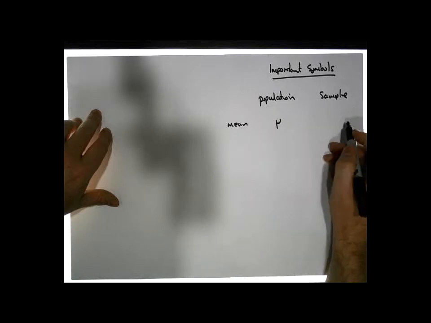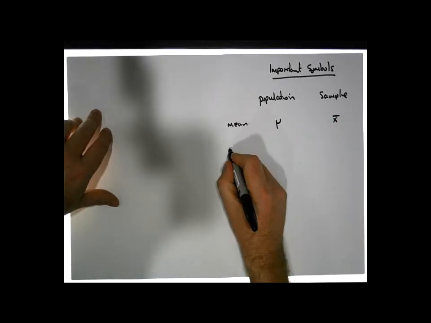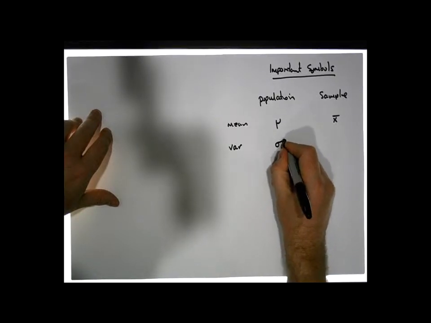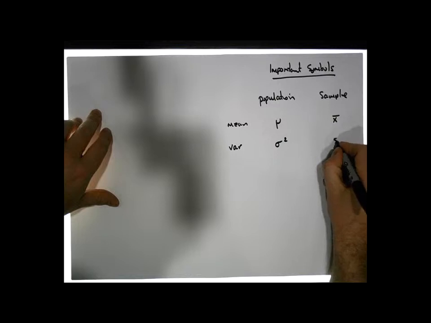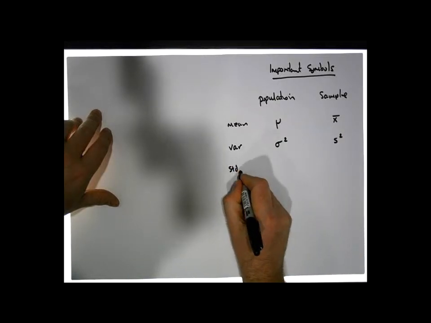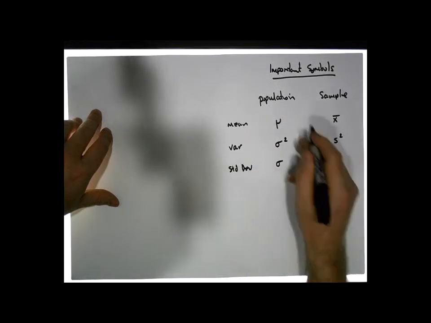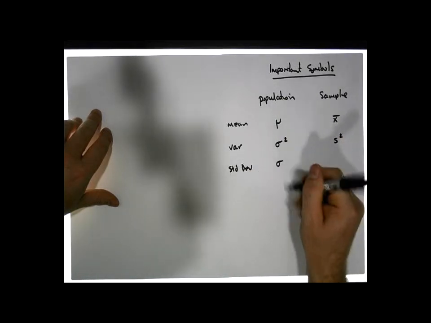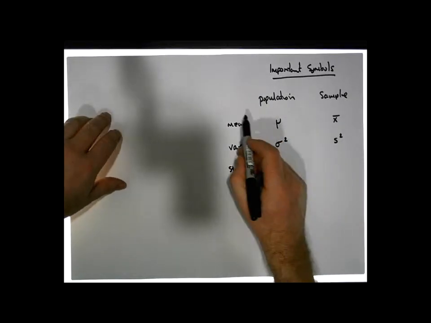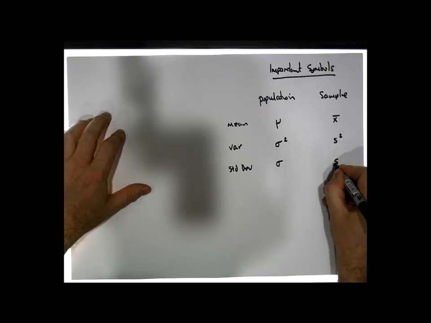In the sample case, that's symbolized by x bar. Then we have the variance, which is symbolized by sigma squared, and in the sample case, it's symbolized by s squared. Then we have the standard deviation, which is symbolized by sigma in the population case. So if you're calculating the standard deviation of all your population values, it's sigma. In the sample case, it's s.